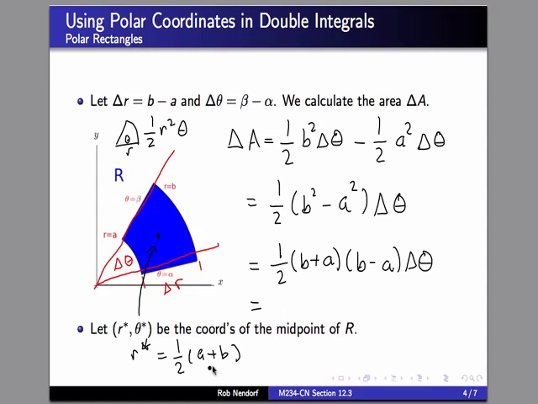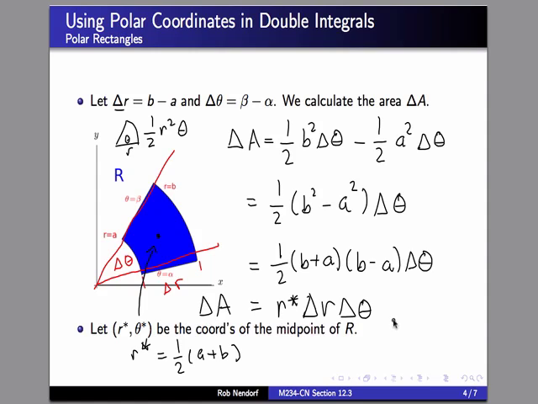So 1/2 of (a plus b), or b plus a, that's exactly what we called r star. B minus a is exactly delta r, so replace this with delta r, and then we have delta theta. So our formula here is that delta A equals r star times delta r times delta theta.